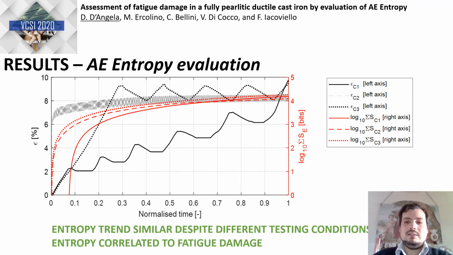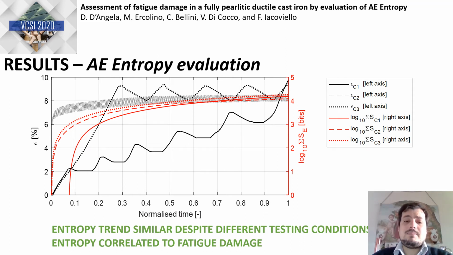In particular, test number 2, C2, is showing a very high number of cycles over the normalized time, which doesn't happen with regard to tests 1 and 3, for the different forces of the testing procedure. However, we were interested in the increase of the damage, and we were more interested in the qualitative damage evolution than the single test case.